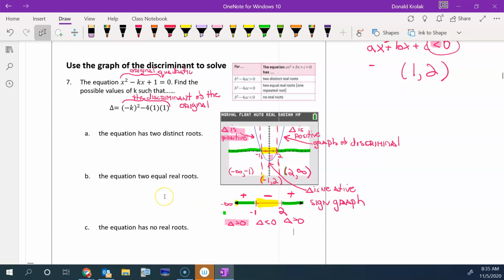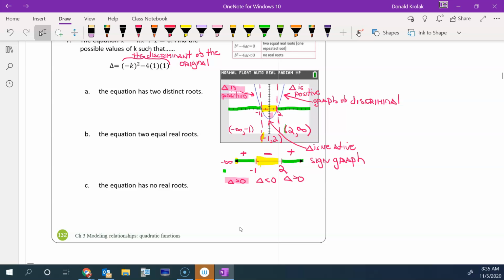All right, now here's how you interpret it. When you look at these signs here, when delta is greater than 0, the original quadratic, well, let's write it like this. If I said where does this equation have two distinct real roots?